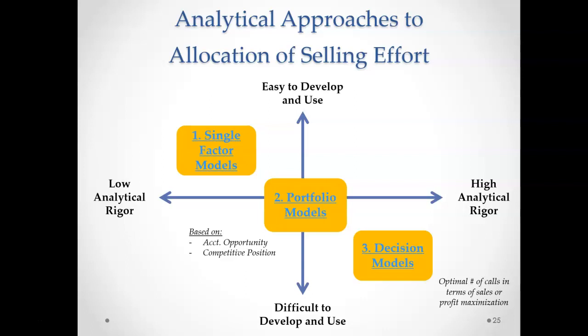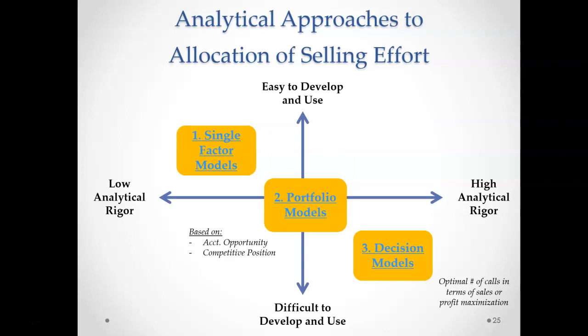Other options: you go somewhere in the middle with a portfolio model. The portfolio model is based on account opportunity, so it takes into account account opportunity and competitive position, adding a second factor in there.